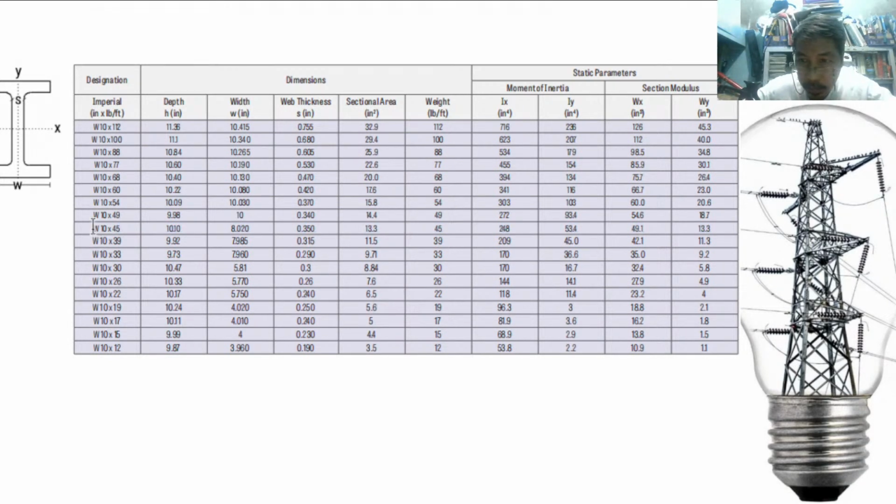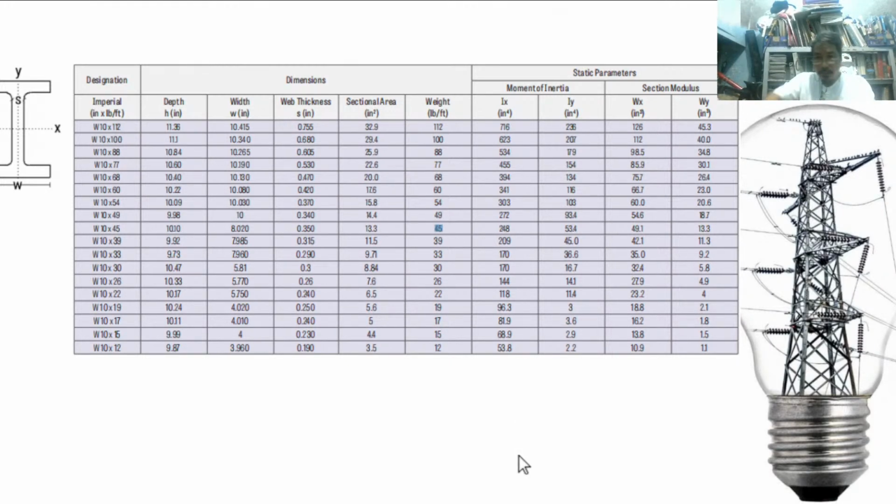So this is the W10 by 45. And to confirm, 10 is the depth. So here is correct, 10. The actual depth is 10.1, so 10 is the nominal depth. 45 is the weight, 45 pounds per foot.